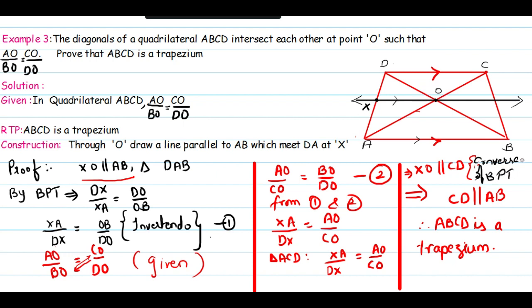Now we can say that CD is parallel to XO, because this XO is parallel to AB and XO is parallel to CD. We can say that in turn CD is parallel to AB. So, we got that one pair of sides are parallel in this quadrilateral, hence ABCD is a trapezium.